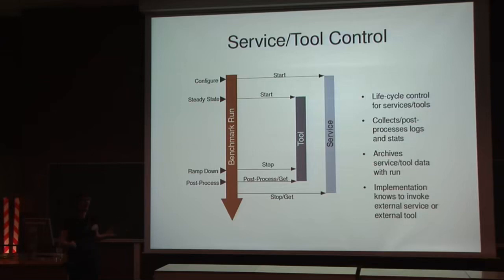We actually want to test or measure the performance, the response times and the throughputs during steady state. So what happens with a tool starts only in steady state, because you don't really want to measure the system while it's not in steady state. So you wait to this point here, and then you start all of the tools. So all of the tools will run until the actual steady state period ends with a ramp down here. Services have to be in place right from the beginning, so they start here and they end in the post-process phase.